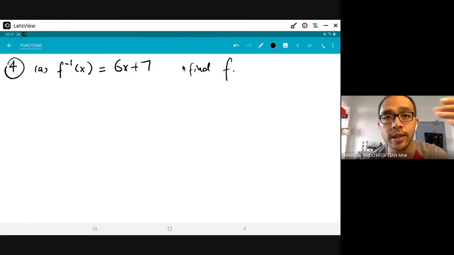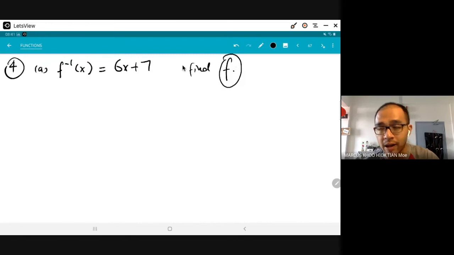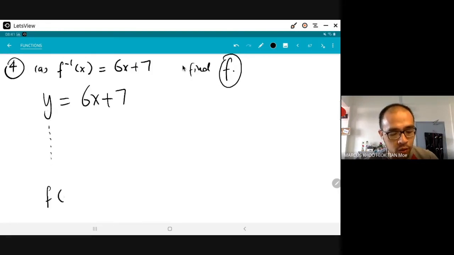So the good news is, the step is exactly the same, except your final answer is now not the inverse function but the function. So we use the same steps. y equals 6x plus 7. We move things around. Can you try to do this? Move and then tell me what is the original function of x.